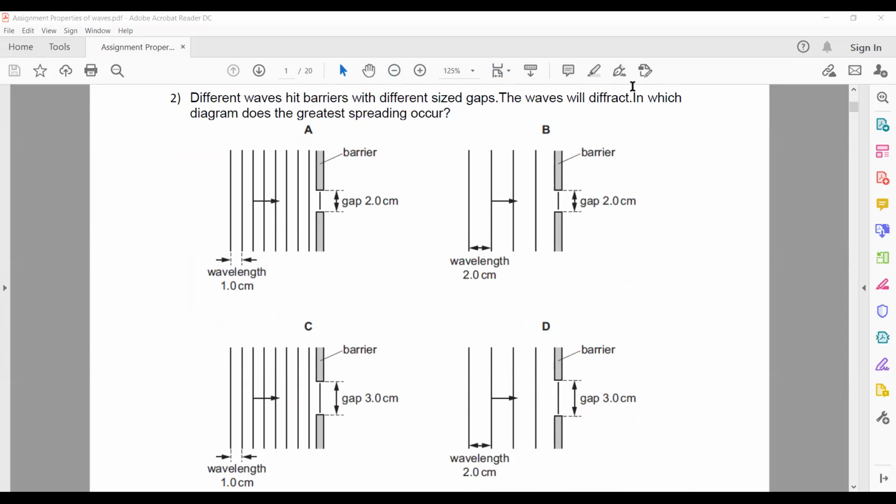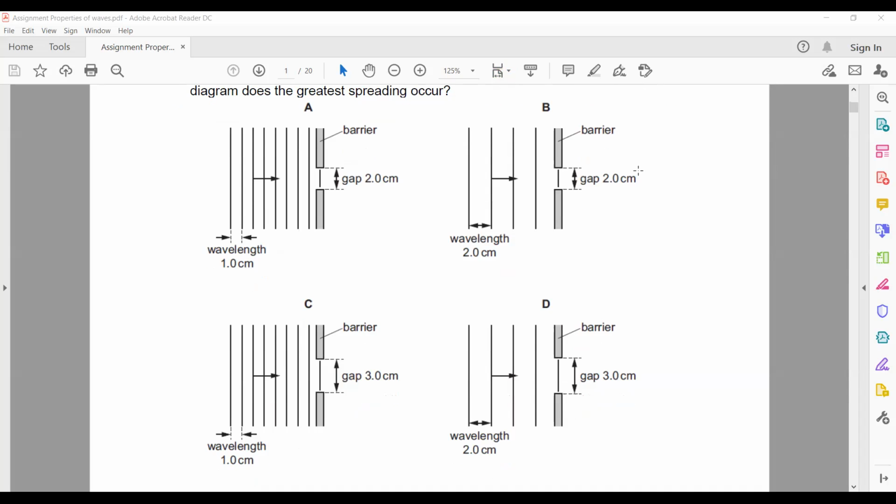The wave will diffract, and which diagram shows the greatest spreading, or greater diffraction? Diffraction is maximum when the wavelength is equal to the gap size. Which is the right answer? So B is the right answer. When the gap size and wavelength are equal, maximum diffraction occurs.